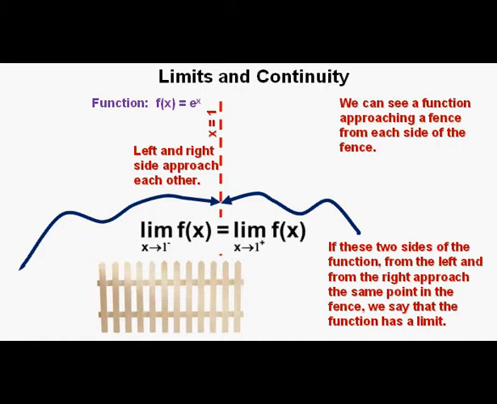And here's the situation in limit notation. We have the limit as x approaches 1 from the left side. That negative sign to the upper right of the 1 means from the left of the function f(x) equals the limit as x approaches 1 from the right side of f(x).